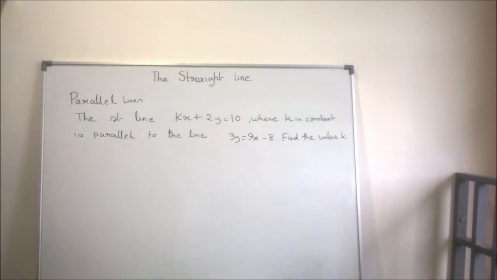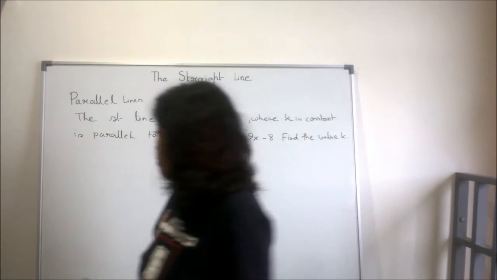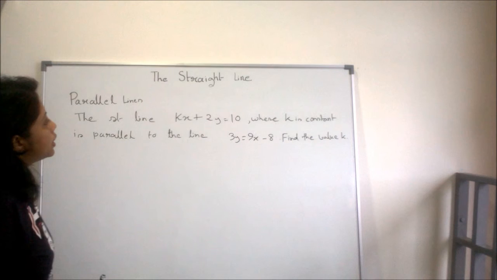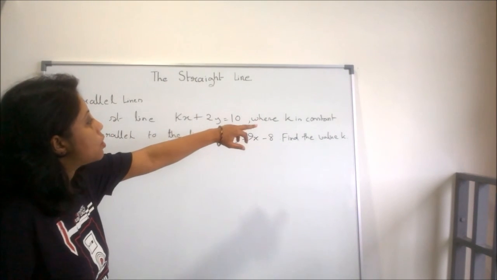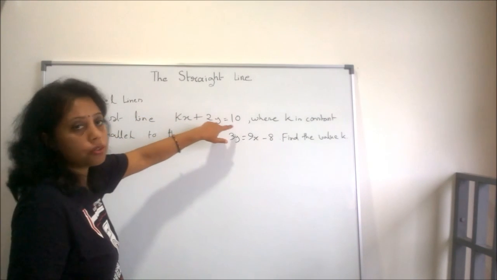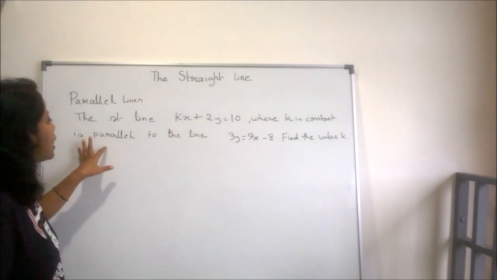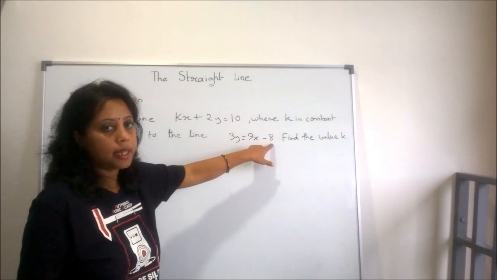Let us take an example on parallel lines. Look at the given problem here. The straight line kx plus 2y is equal to 10, where k is constant, is parallel to the line 3y is equal to 9x minus 8.